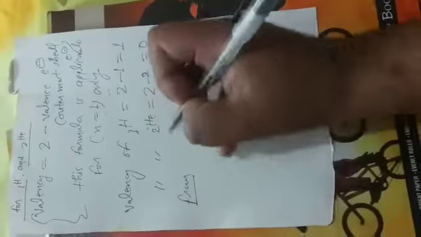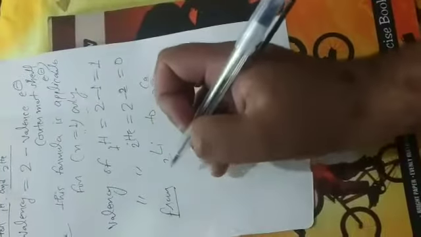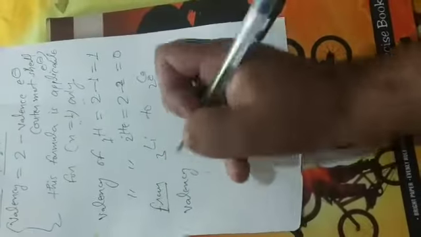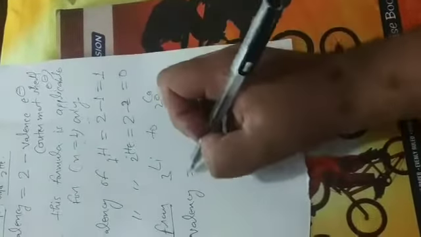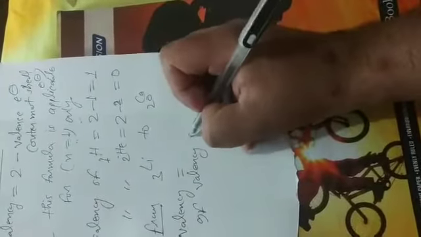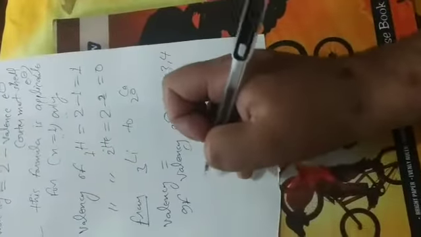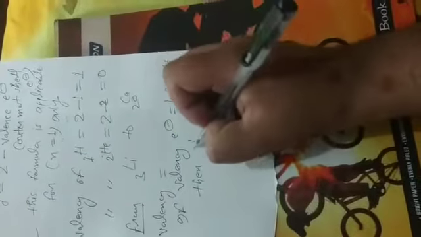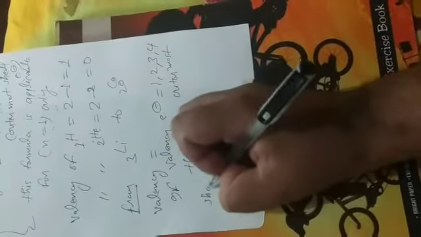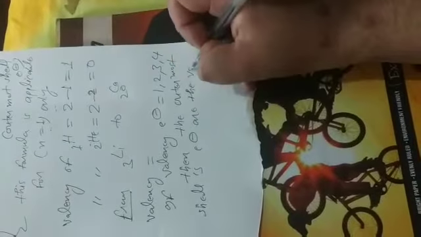From lithium to calcium, valency is equal to: if valence electron is equal to 1, 2, 3, 4, then the outermost shell electrons are the valency.